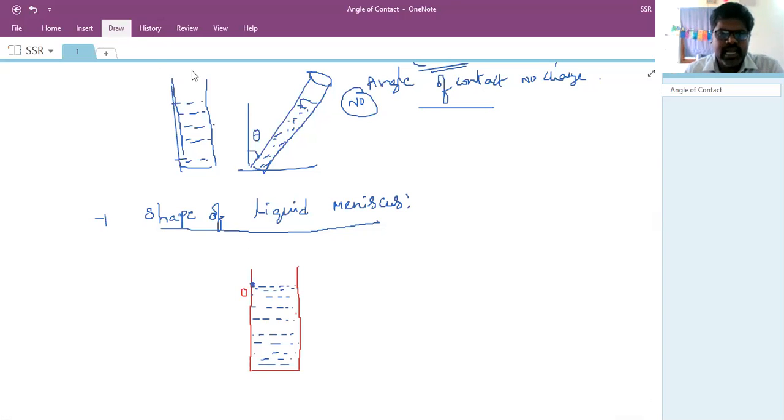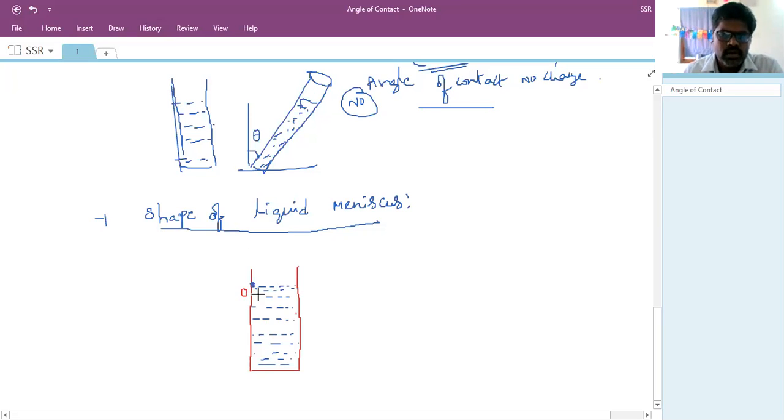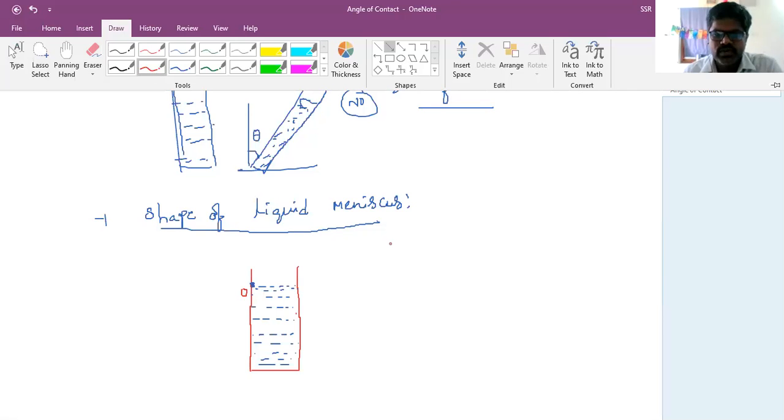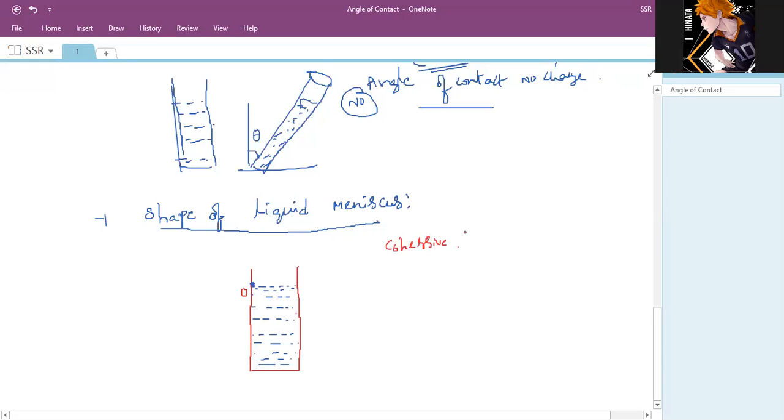Now, what are the forces acting on that liquid molecule? There are two types of forces. One is the cohesive force, let us say FC.